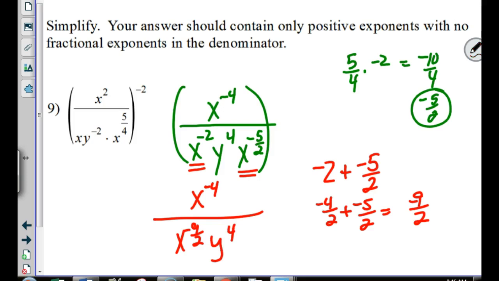Okay, you want to move them so they're positive? Okay, so these guys would move up here, and these guys would move to the bottom. Now we still can't have an x in 2 places, so, okay, what's 9/2 minus 4?